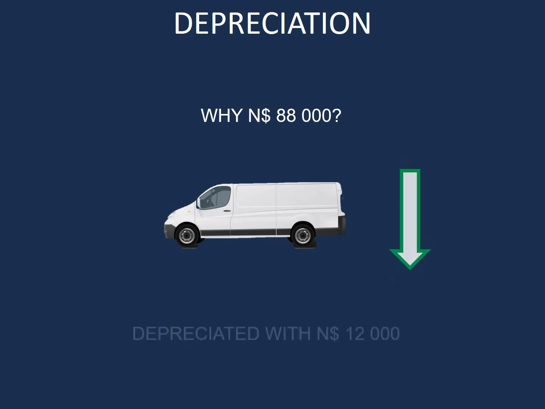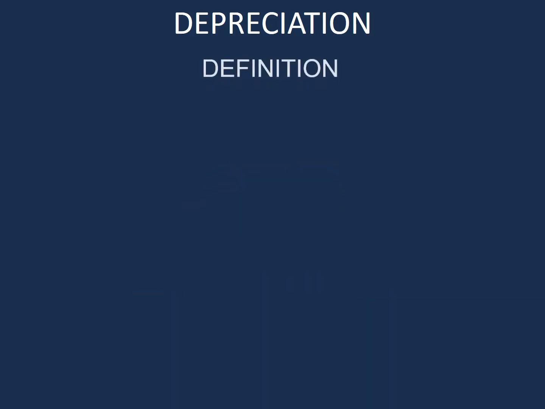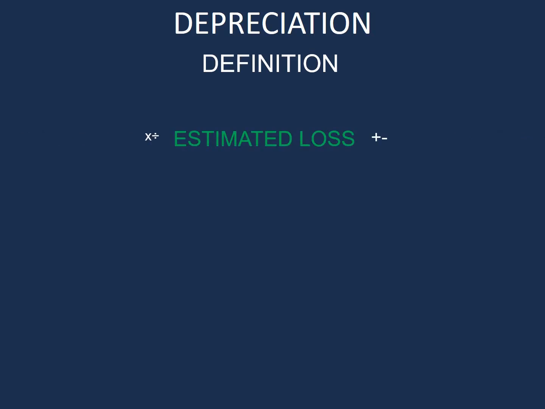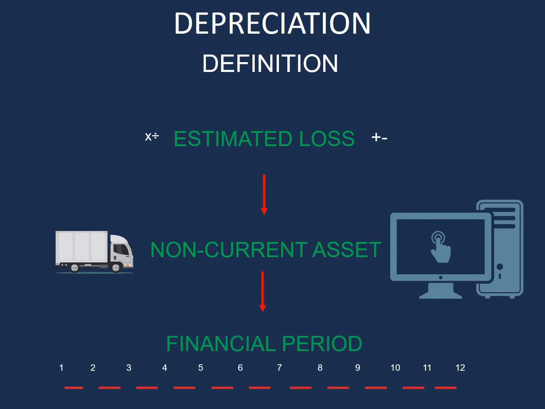Well, because this vehicle depreciated with 12,000 Namibian dollars, which means it's not a brand new vehicle anymore. It's a vehicle that is a year older. So the definition of depreciation is an estimated loss of a non-current asset over a financial period.